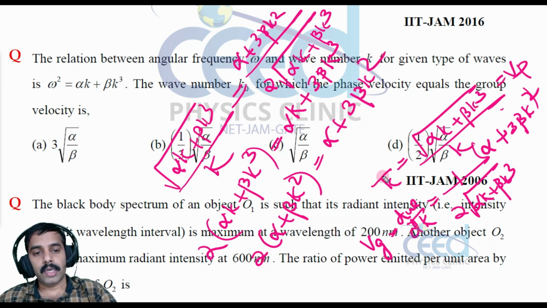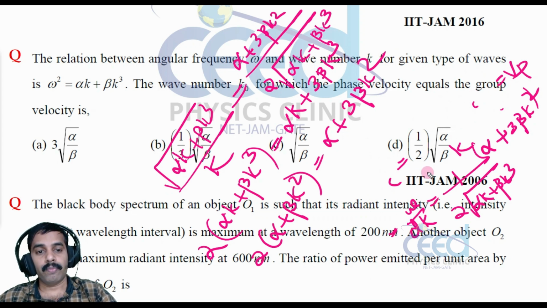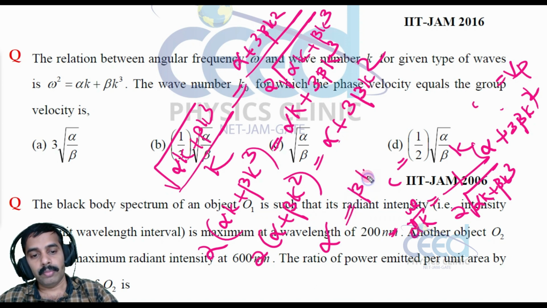Now we need to solve for the k value in which this condition is satisfied. Okay, so here 2 alpha, here alpha, right? So 2 alpha minus alpha, so let me write this as alpha, here 2 beta k square and here 3 beta k square, so that is equal to beta k square.